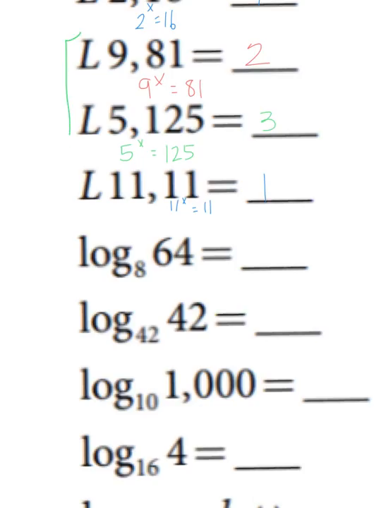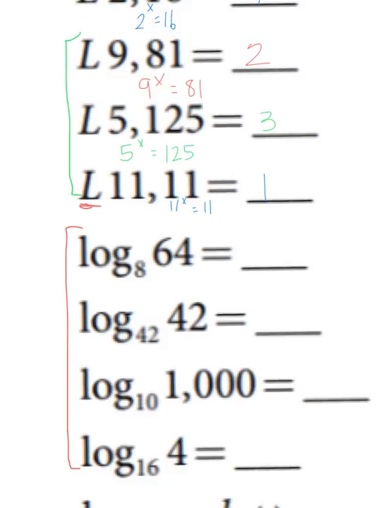So this notation here is fictional. This notation here in red is the real way to have logarithmic notation. We just used L for logarithm in our fictional notation, but it's going to be the same thing.